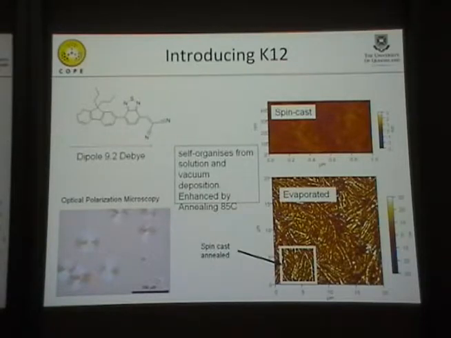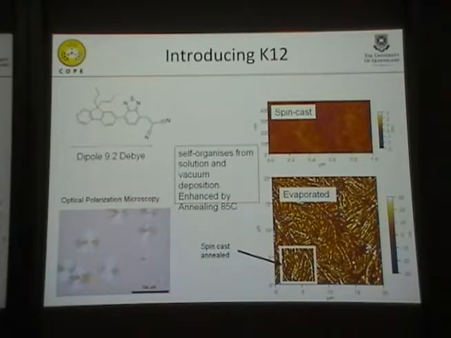K because it's the first name of the creator, Kurt Louis, in the audience. It includes an electron donating fluorene group and the electron accepting benzothiadiazole and dicyano groups, which results in a strong ground state dipole moment of about 9.2 Debye.